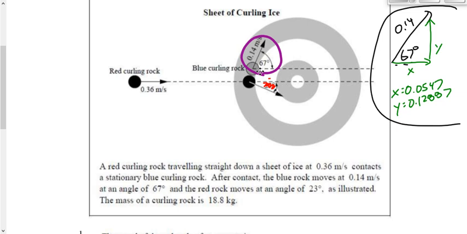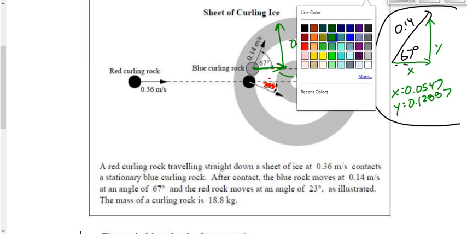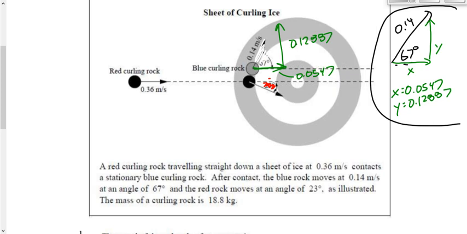Maybe redraw this. This is 0.0547. Pretend we don't have this. Okay, because it's gone. That was the whole point of taking it off to the side, right? Was getting rid of it.